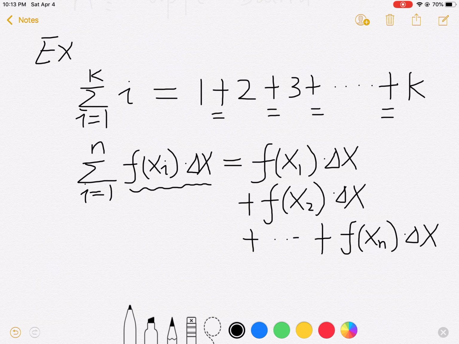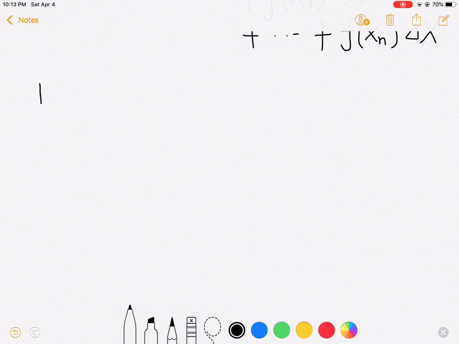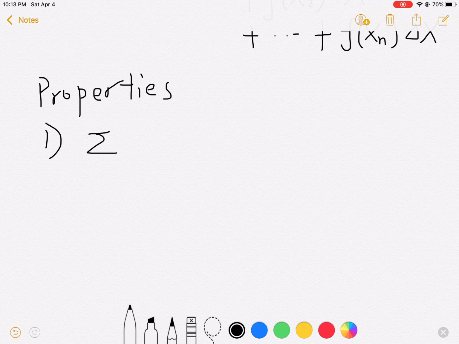Okay, so now let's look at some properties for this sigma notation, or the summation notation. The first property is the sum of i from 1 to n of k times a sub i, where k is a constant.